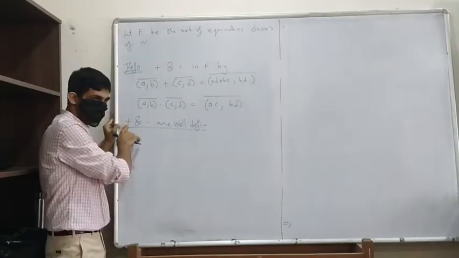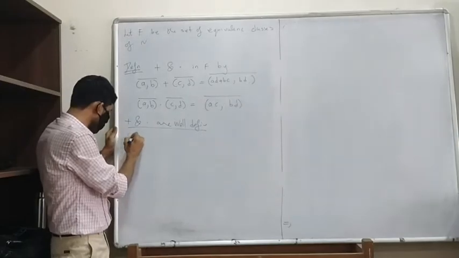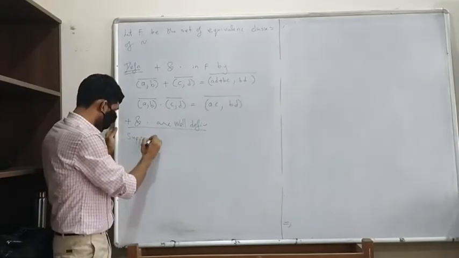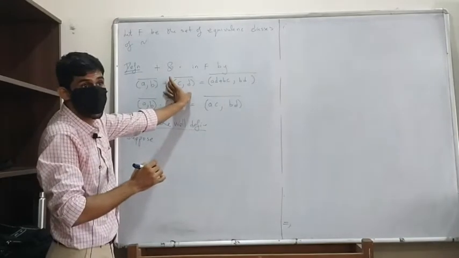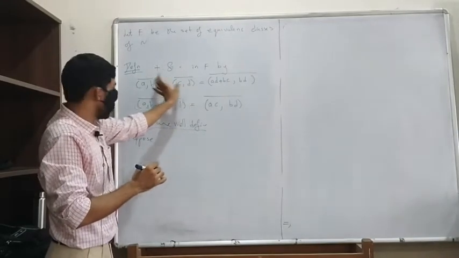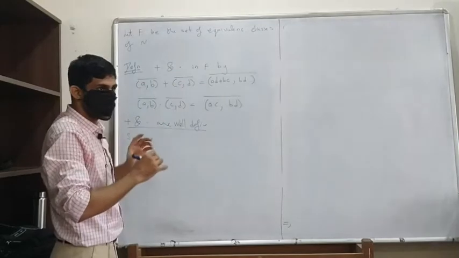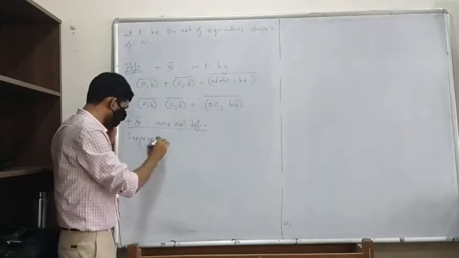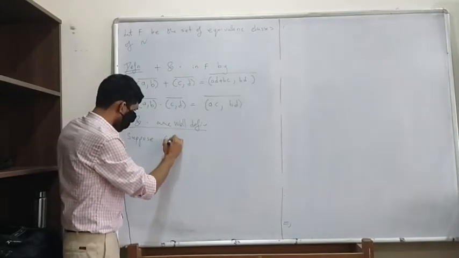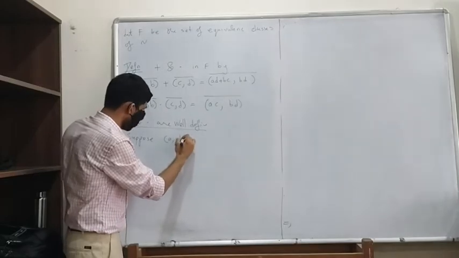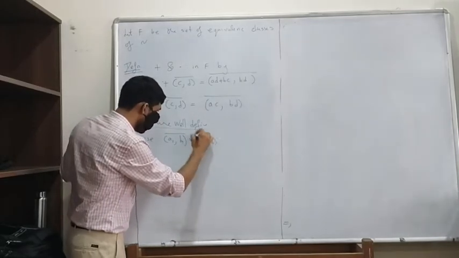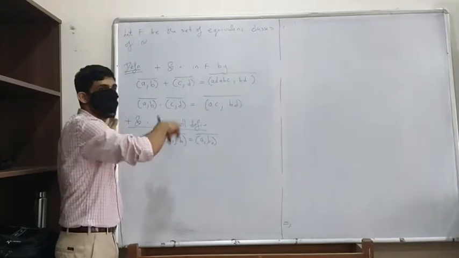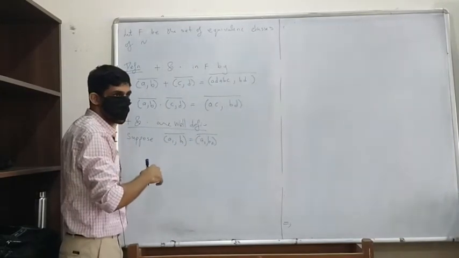Okay, so plus. Suppose I'm going to give two different representations for this one and two different representations for this one. This is an element in F, element in F. So first coordinate, second coordinate, you give both of them representations. Suppose (A1, B1) bar equals (A2, B2) bar, which means that these two elements sit in the same equivalence class, right?